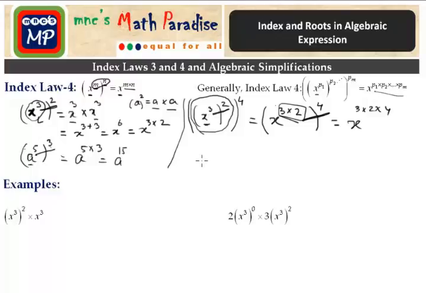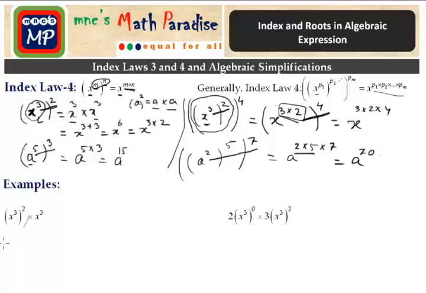So if we have a to the power 2 to the power 5 to the power 7, we can write a to the power of all three powers multiplied, that means 2 times 5 times 7. 2 times 5 is 10, 10 times 7 is 70, so a to the power 70. So index law 4 says if we have a base with power on power, then the powers will become multiplication.